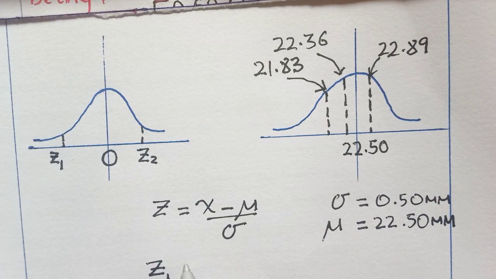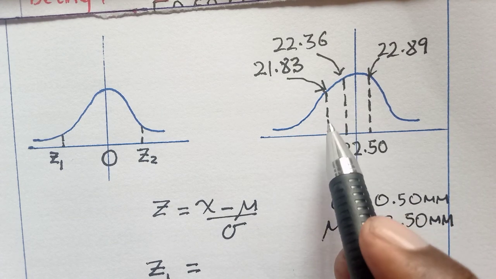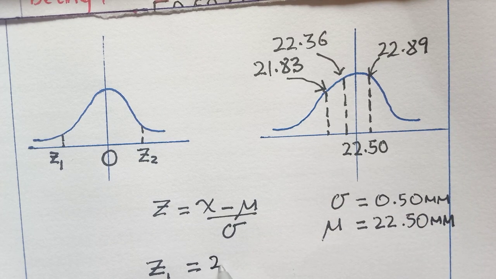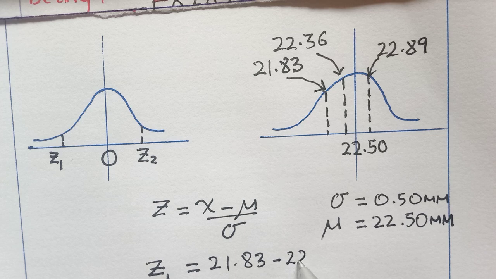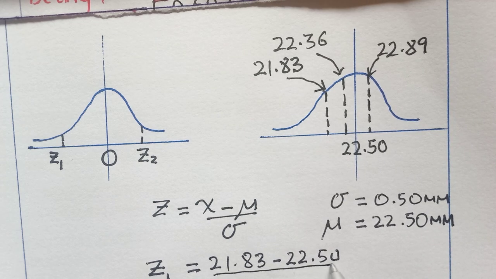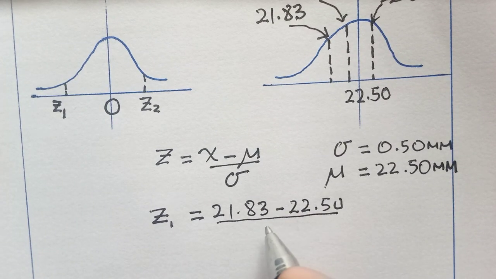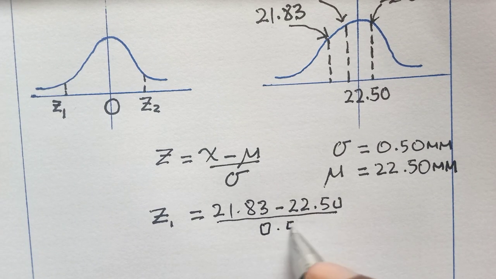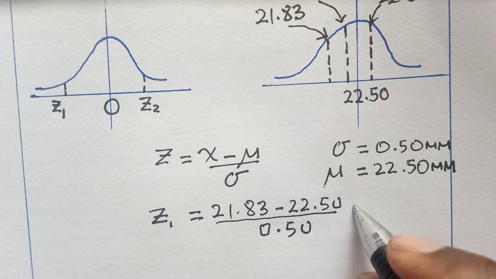For Z1, this is going to be X. Z1 is 21.83 minus the mean, all over the standard deviation, which is 0.50.